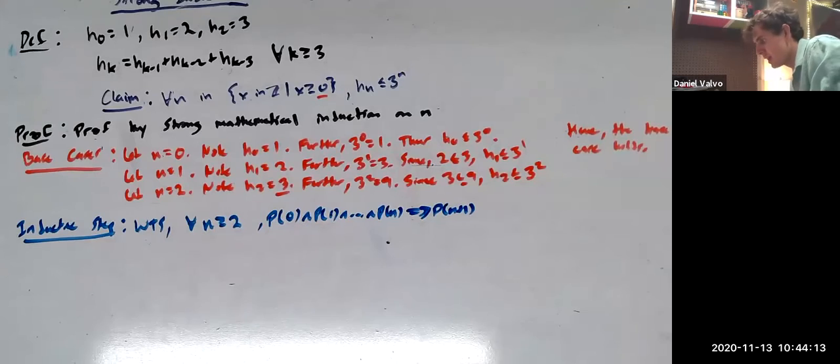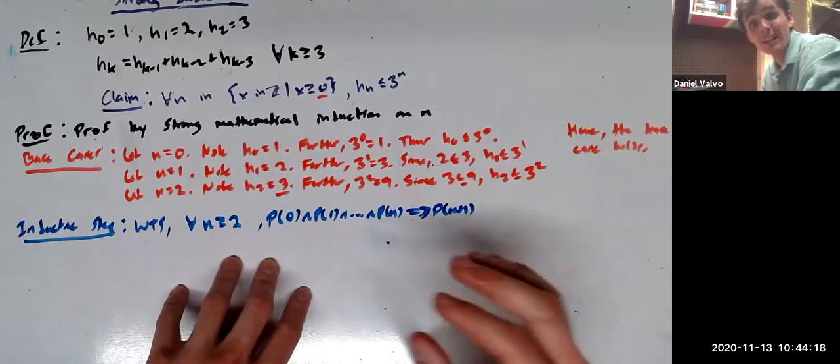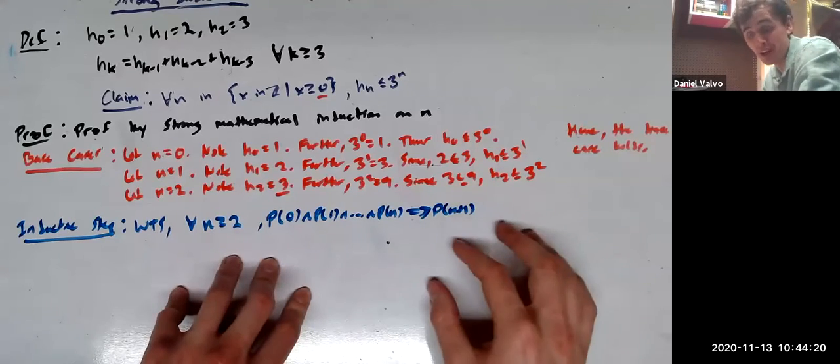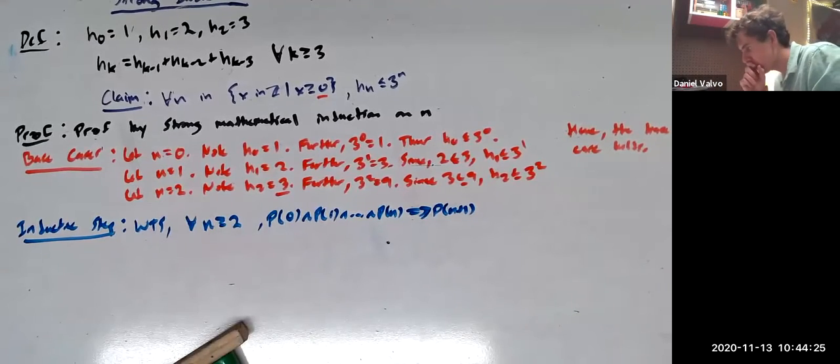So the idea being, for the inductive step, we want to show that if everything up to n holds, then the next case will hold. And then that means the next case will hold, and the next case will hold, chain reaction.